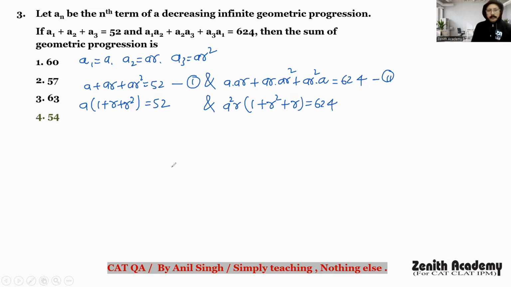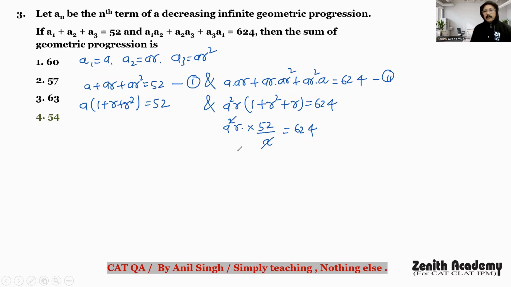And now look here. From here we can write 1 plus R square is equal to 52 by A. So if I write here A square R, and this 52 by A is equal to 64.